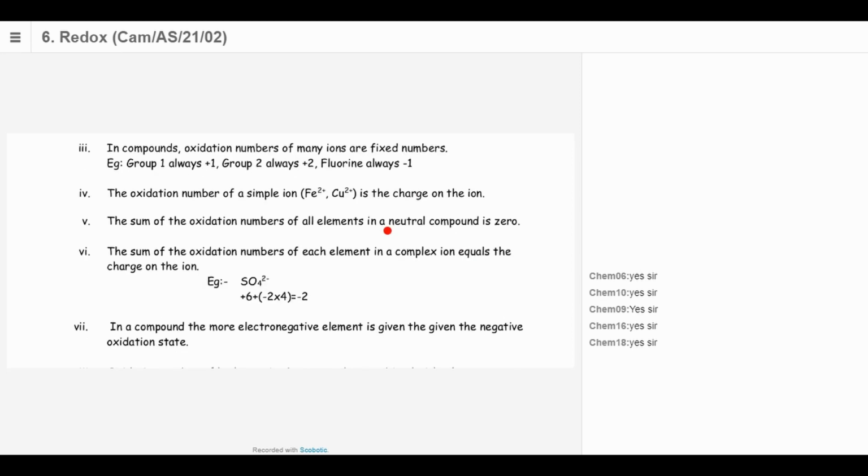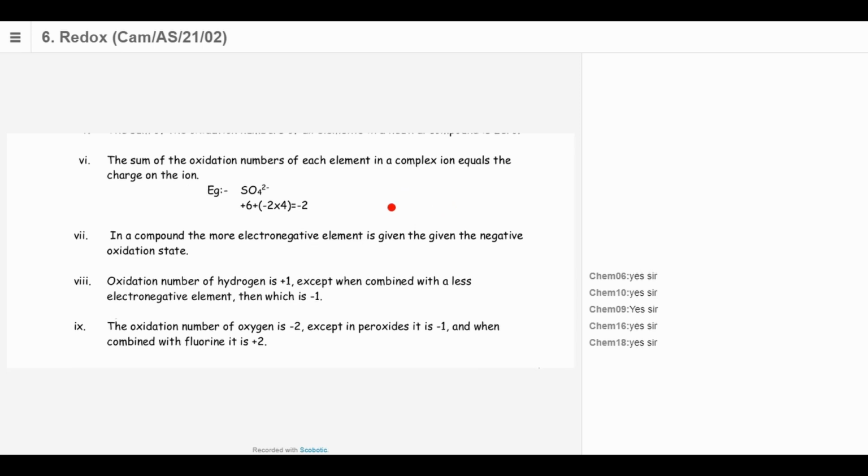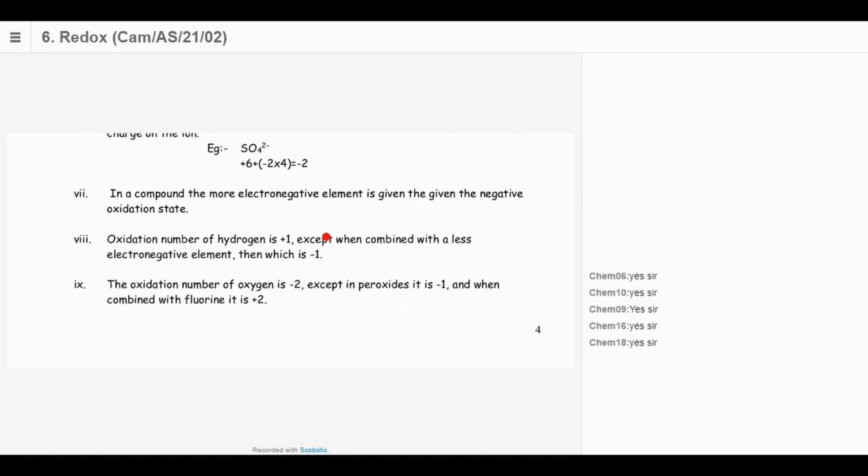And also, when you have 2 elements, you need to know which one has a negative and which one has a positive oxidation state. The one with the greater electronegativity is given the negative oxidation state, and the one with less electronegativity gets the positive oxidation state. And hydrogen is always +1, but hydrogen also has an oxidation state of -1, where we call the hydrogen -1 ion the hydride ion, and hydrogen +1 is the hydrogen ion.